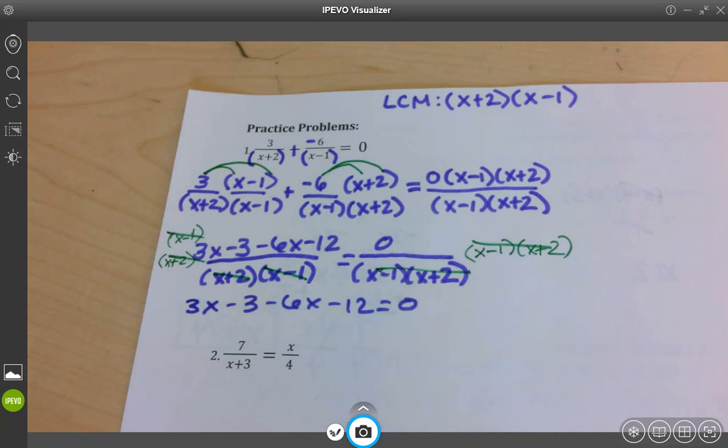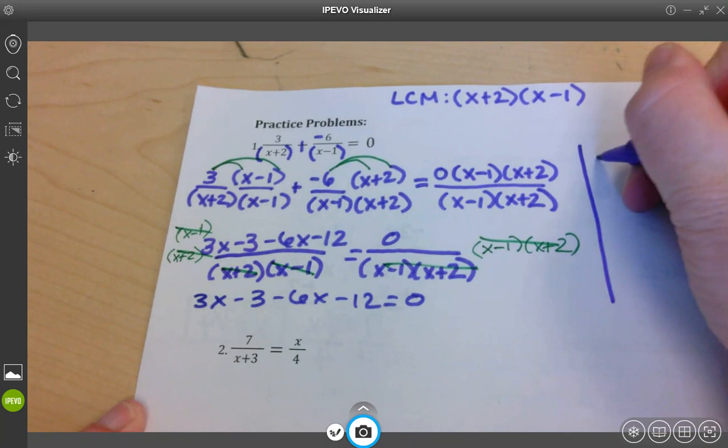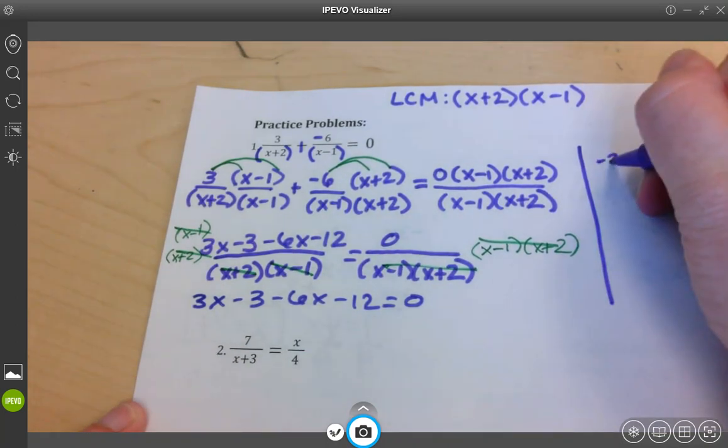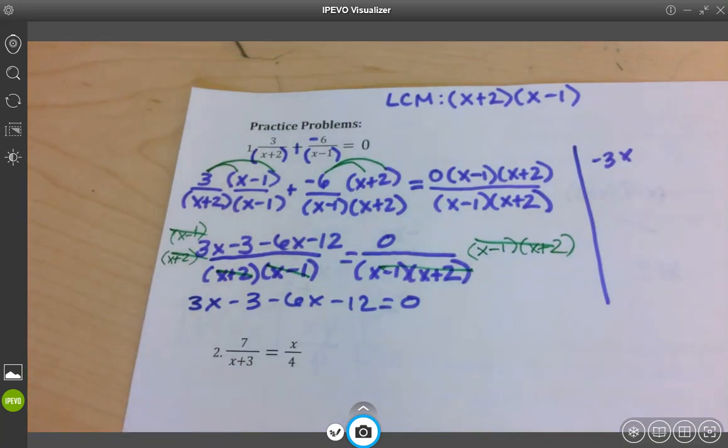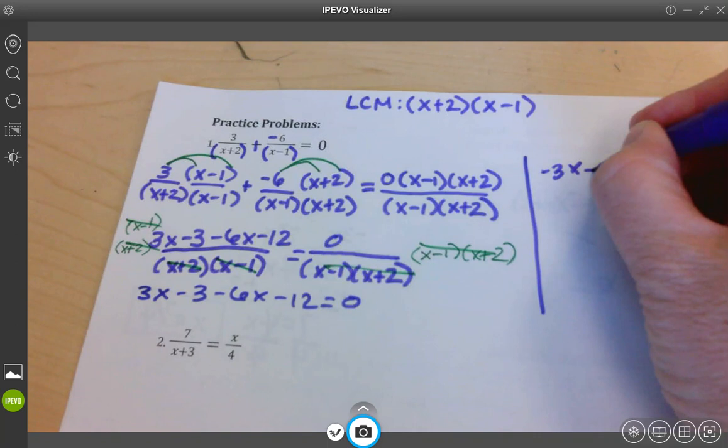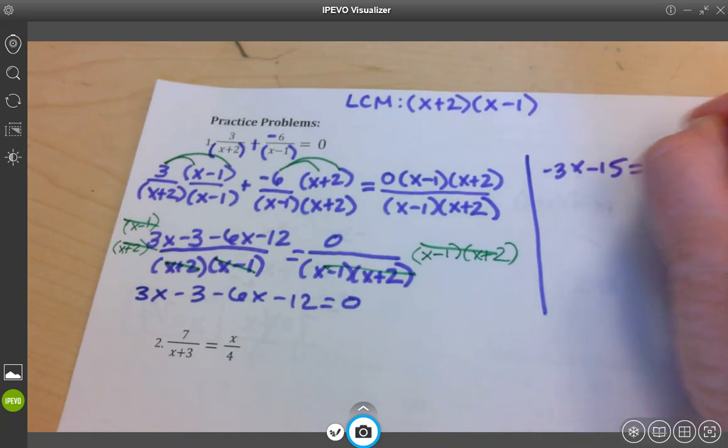And what's our next step? Combine like terms. Good. 3x minus 6x gives us what? Negative 3x. Good. I'm going to move over here. So negative 3x. Negative 3 minus 12 gives us what? It is negative 15. Good. So negative 3x minus 15 equals 0.